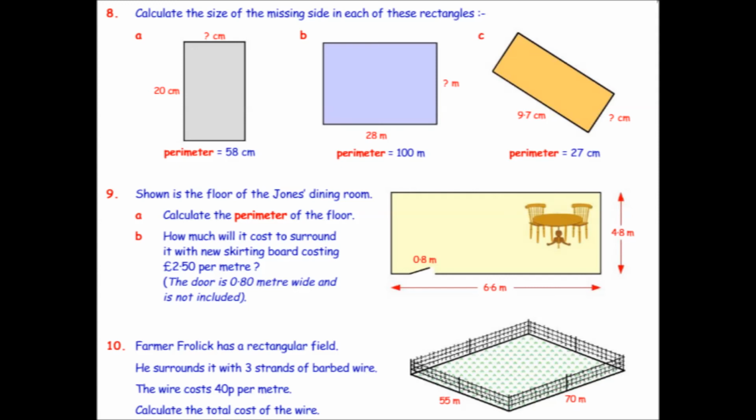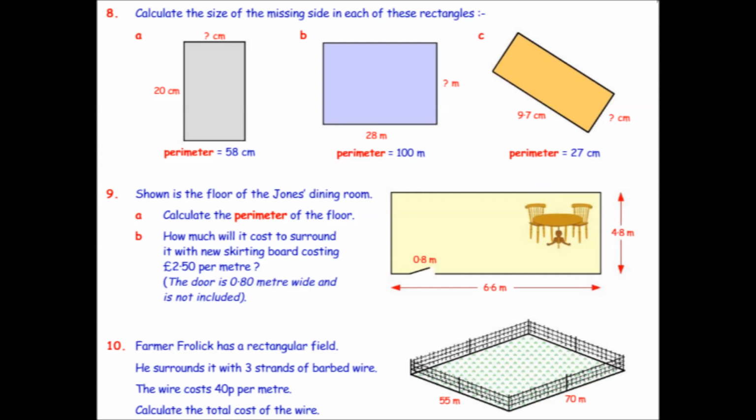If you look at your rooms, you'll find that you have skirting round the floor, but there's no skirting on the doors. So there's one door in that dining room, and it is 0.8 metres wide. So let's see if you can work that one out. And then look at 10. Farmer Frolic has a rectangular field.